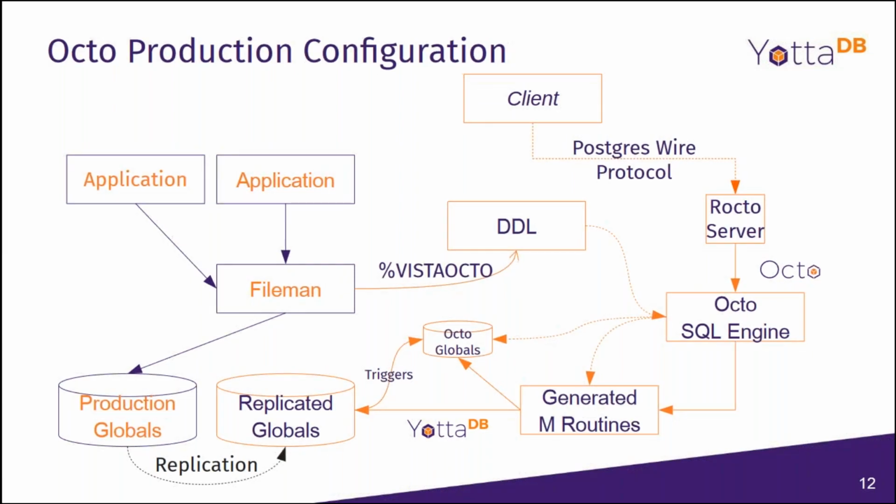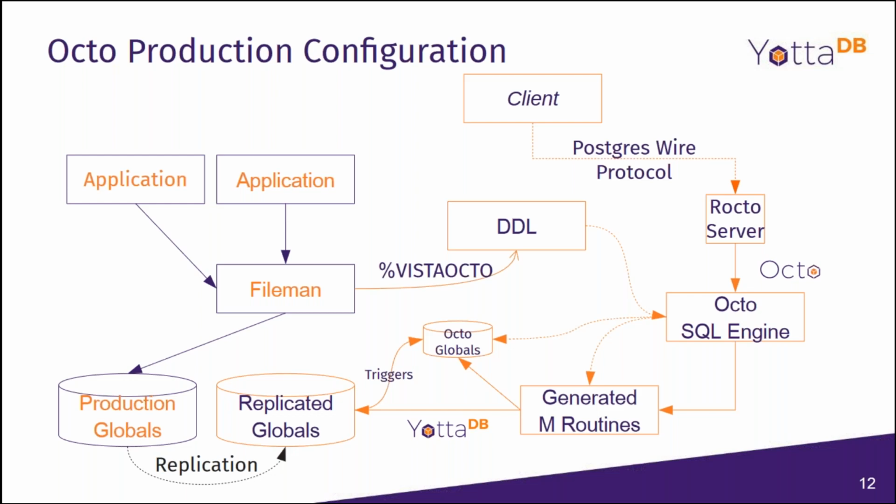Let's say you have the DDL from FileMan. That DDL gets compiled, and that compiled DDL goes into Octo globals. So now when you have a SQL query coming in, either from the terminal session to Octo or through a client via Postgres, what the SQL engine does is it looks at that compiled DDL, and taking the SQL query and the compiled DDL, it actually generates direct M code that accesses the globals directly.